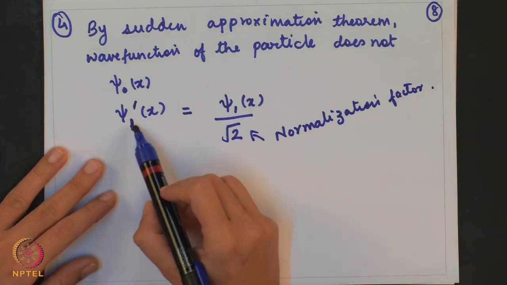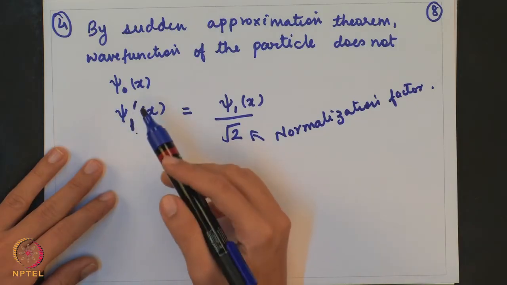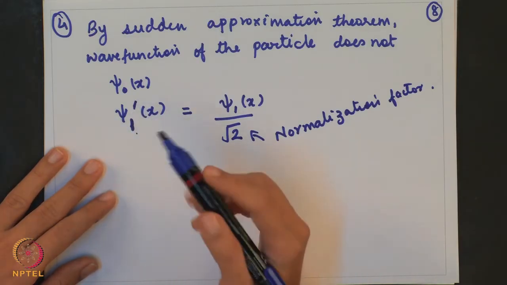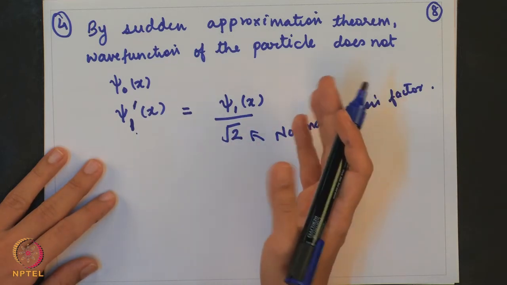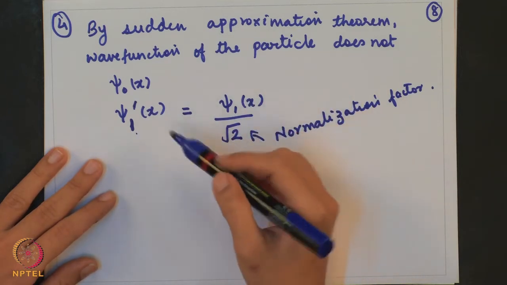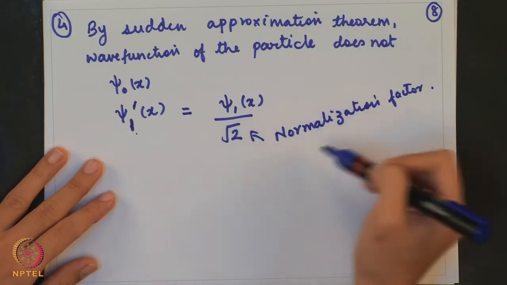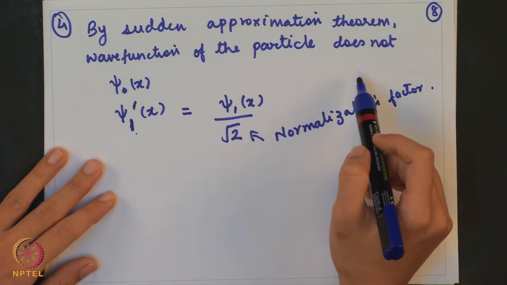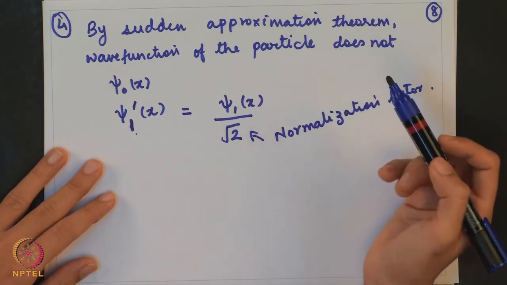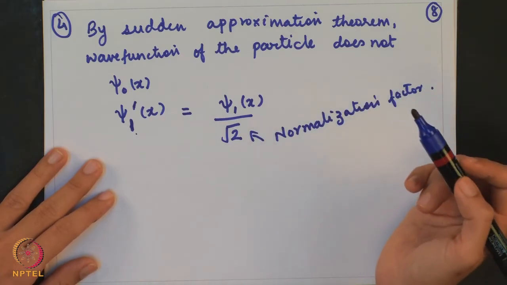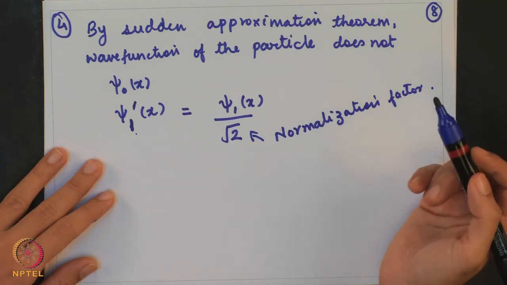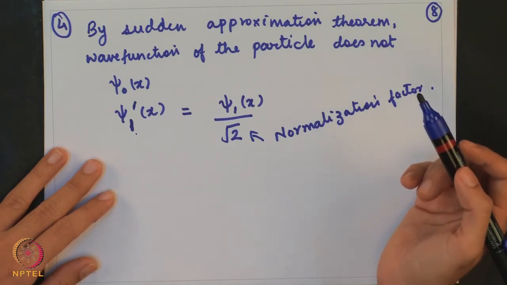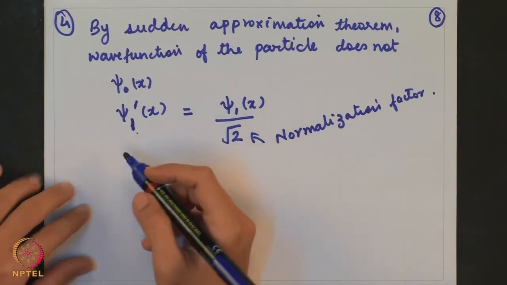So, the new wave function is nothing but the old wave function which is normalized. The wave function remains the same, and let us see what happens to the probability of finding the particle in the ground state for this new wave function.